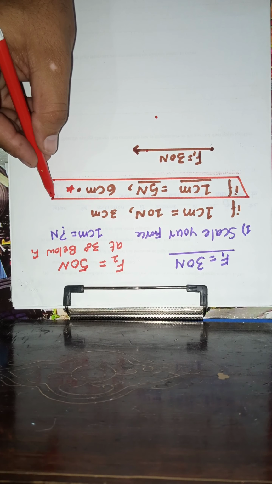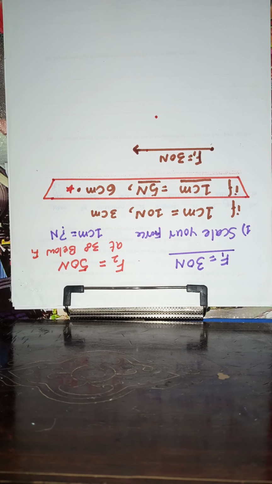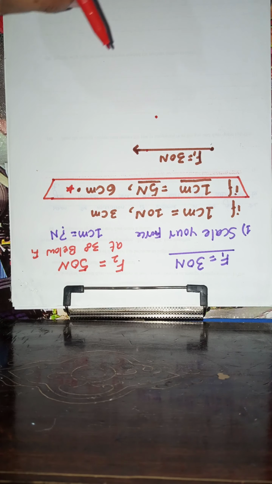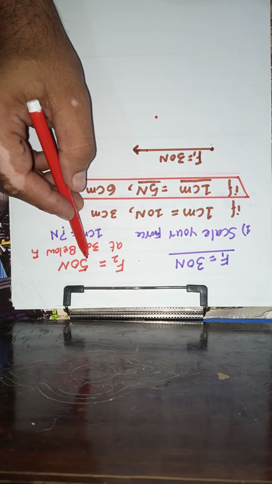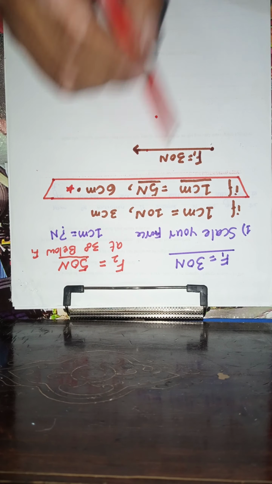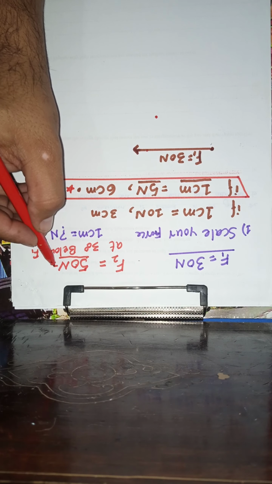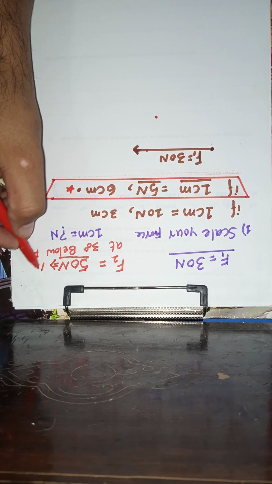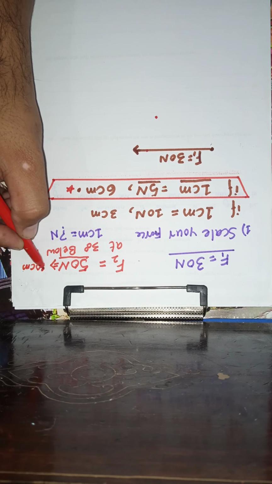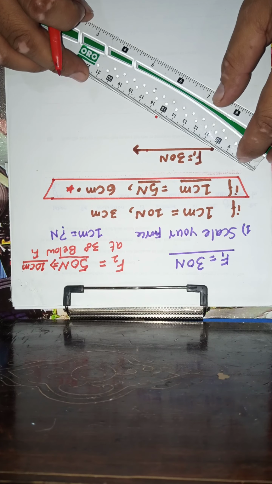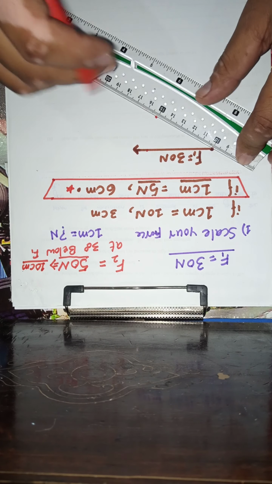I hope that you will get this one. Now when I draw the force, how long should it be? If 1 centimeter is equal to 5 newton, then this 50 newton force should be equal to 10 centimeters. So I will put the scale over here at the 10 centimeter mark.